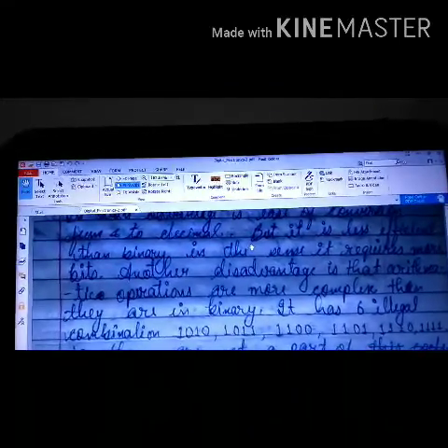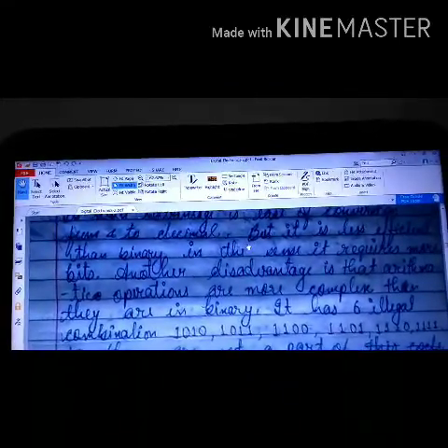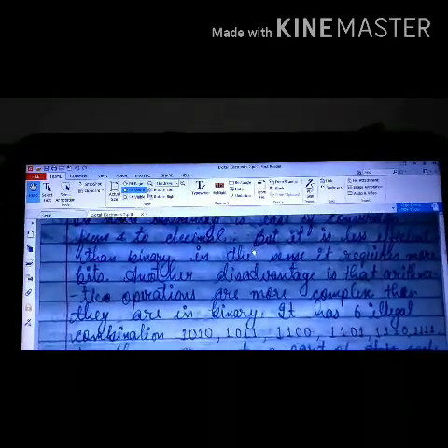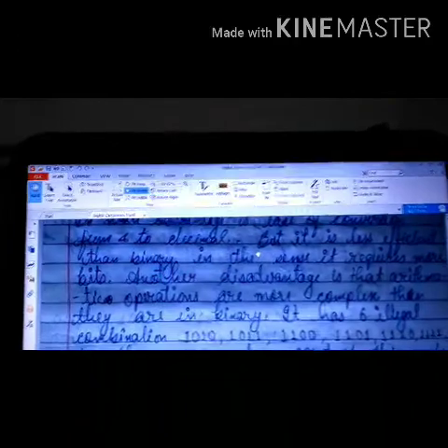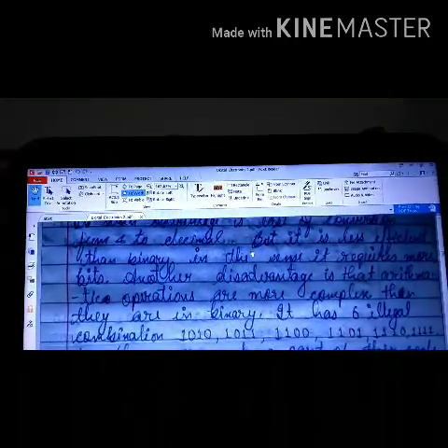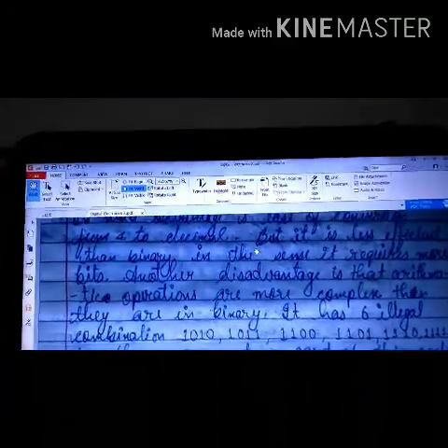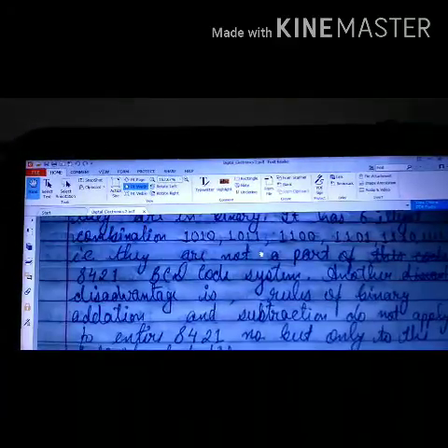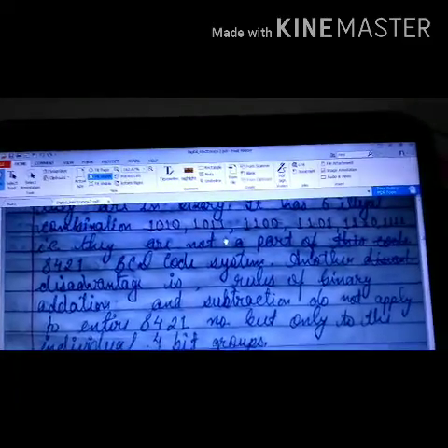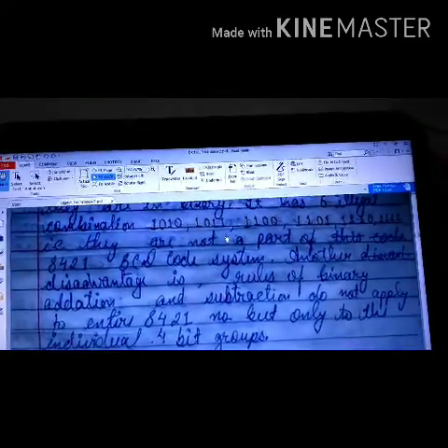Therefore their binary equivalents are illegal. These are 1010, 1011, 1100, 1101, 1110 and 1111, representing A, B, C, D, E and F. Now these 6 digits are also not part of our BCD or 8421.